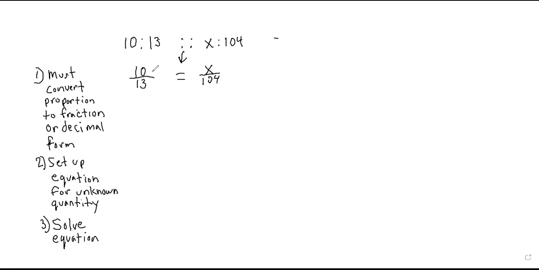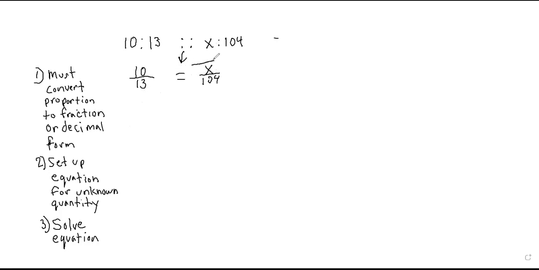Okay, so now we have equivalence. The ratio or fraction 10 over 13 is equivalent to x over 104, right? So now, using this equivalence, we can go ahead and set up an equation and solve for x, or the unknown quantity, which was represented by x. How do we do that? We simply cross multiply the tops and the bottoms.